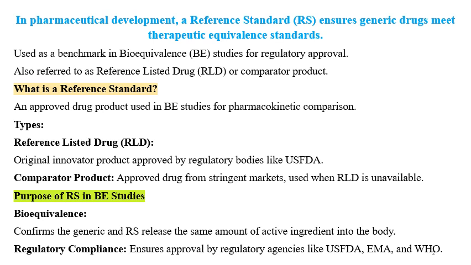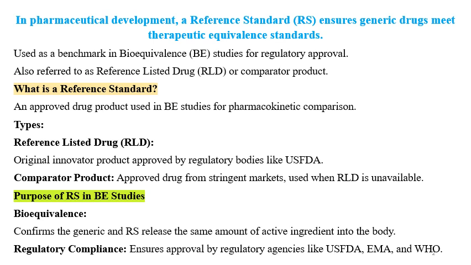So what is a reference standard? An approved drug product which is used in these studies for the pharmacokinetic comparison is the reference standard. Reference listed drug, it is the original innovator product approved by the regulatory bodies like US FDA. Comparator product is the approved drug from stringent markets when it is used for the bioequivalence studies when the RLD is not available.